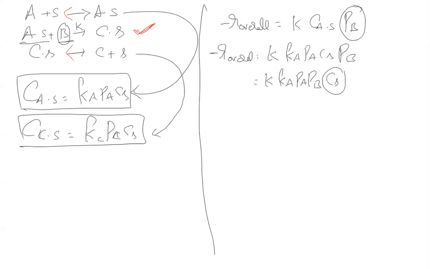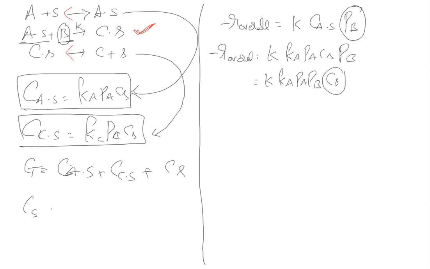Let's write the site balance. C_T is equal to the sites occupied by A, C and the empty sites. So you can write C_S as C_T divided by 1 plus K_A P_A plus K_C P_C.